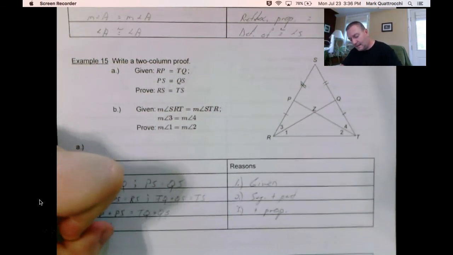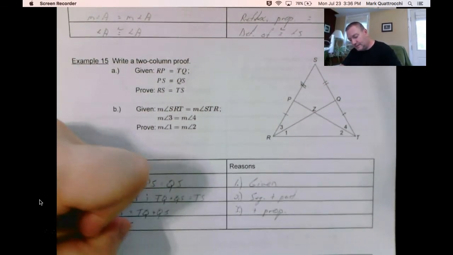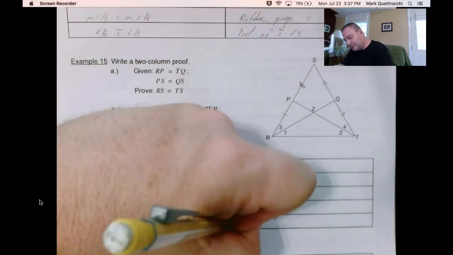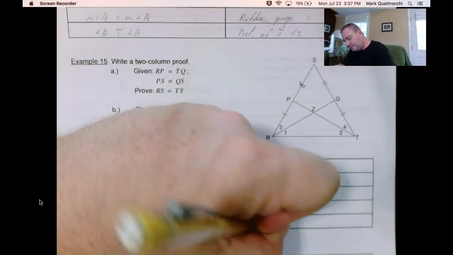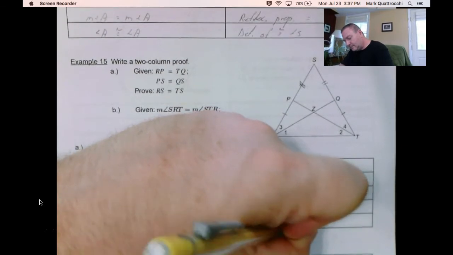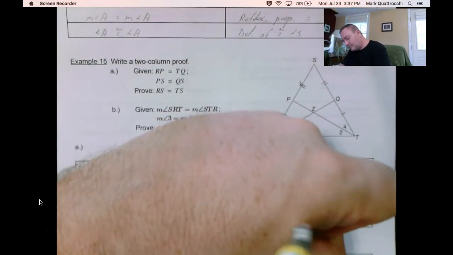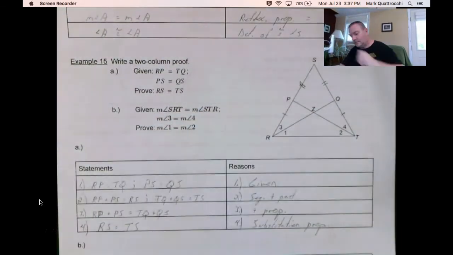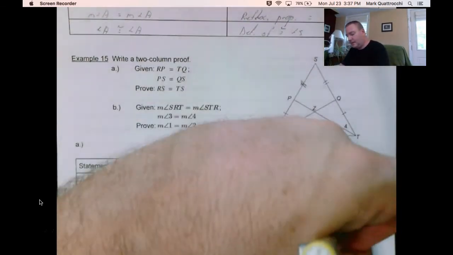And we get RS is equal to TS by the substitution property. QED.